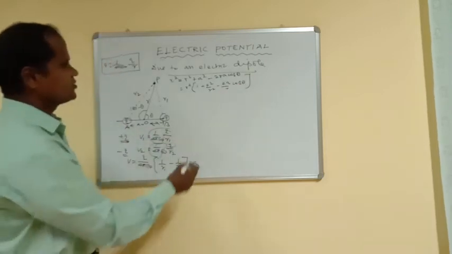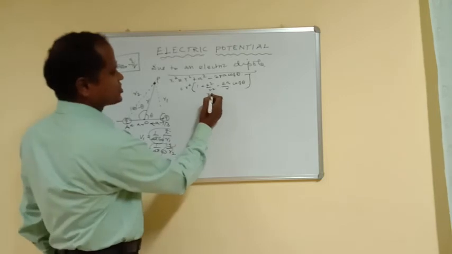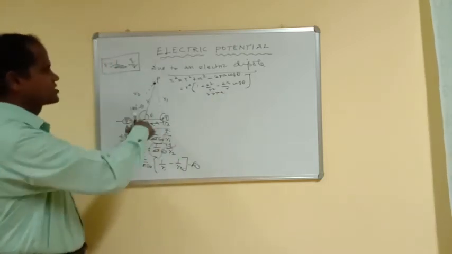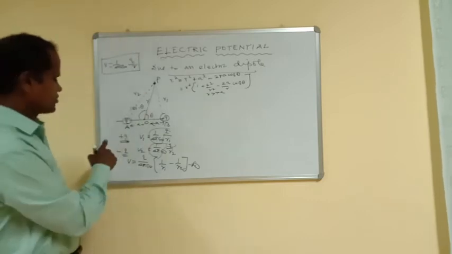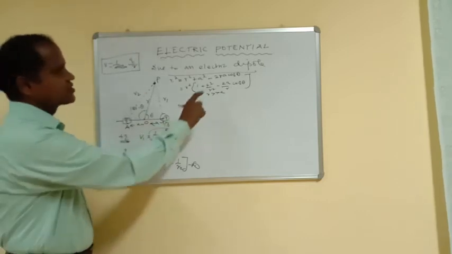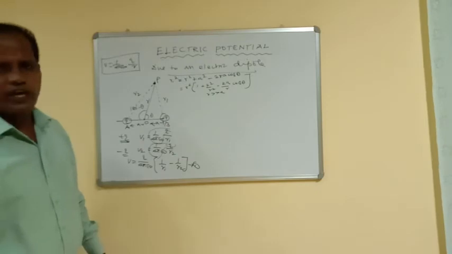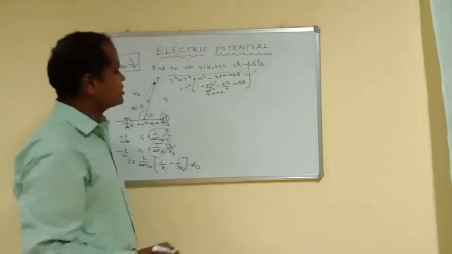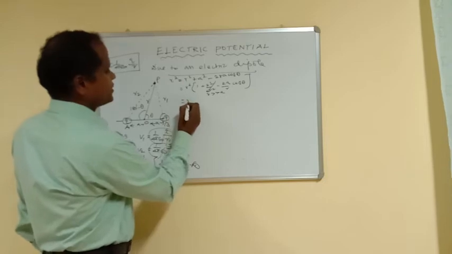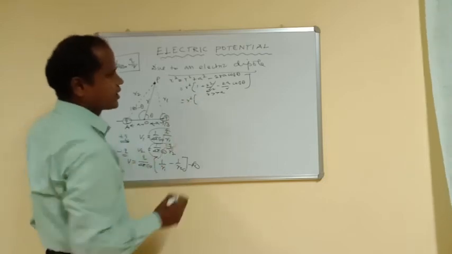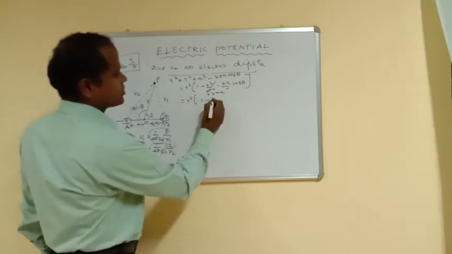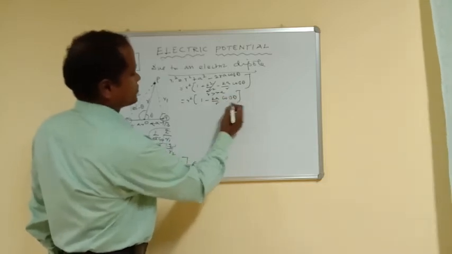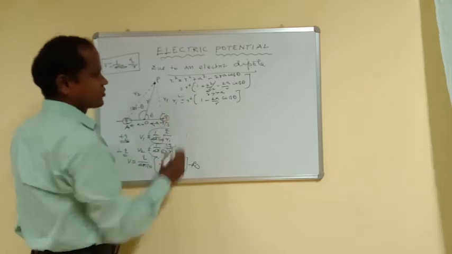Here R is very large when compared with a, so we can neglect the a squared by R squared value; it becomes almost negligible. Now the equation becomes R squared times 1 minus 2a by R cos theta. So this is the R1 squared value.